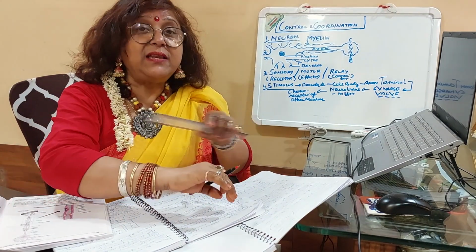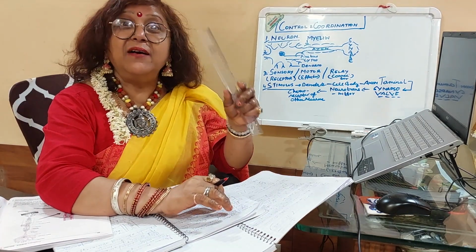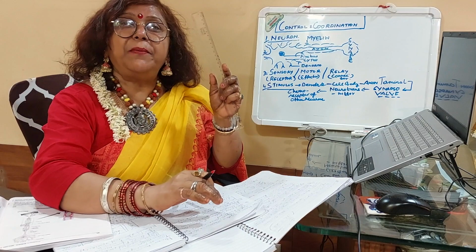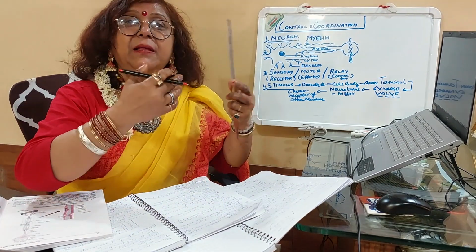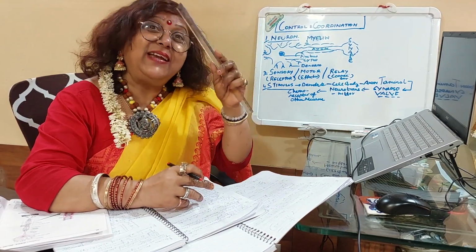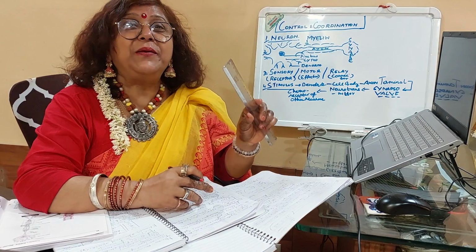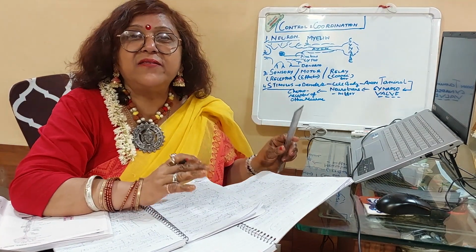And these sensory neurons carry this message, the nervous impulse, to the brain. They just carry it and transmit it to the brain, and the brain analyzes and interprets it, because the brain has the part in it where it can do that. The neuron cannot do it. The neuron will just carry it to the brain, which is a very important part of the central nervous system.